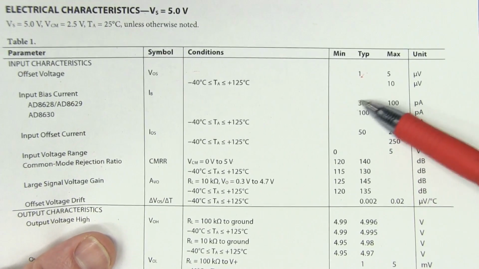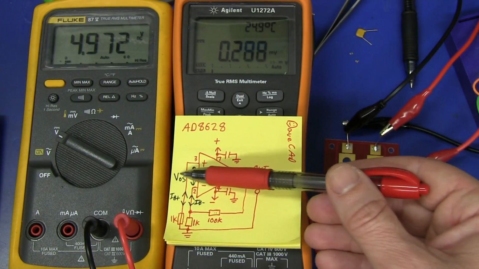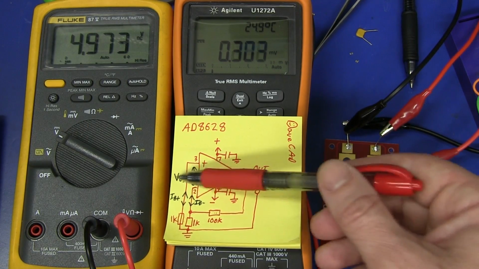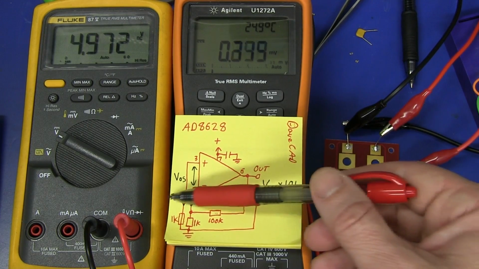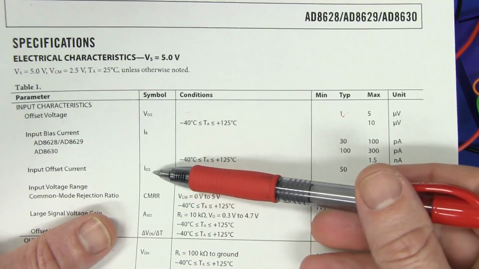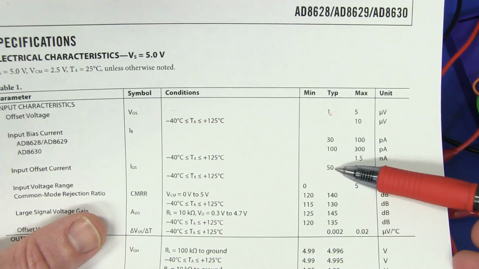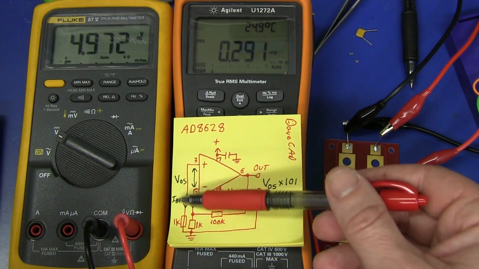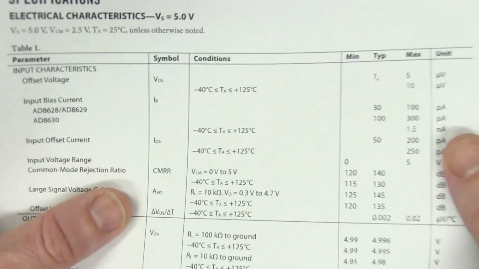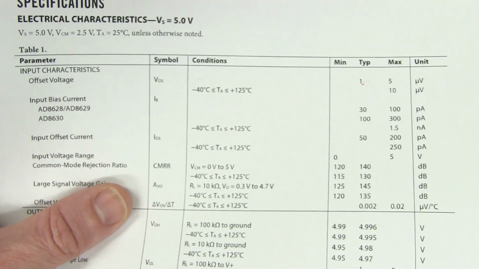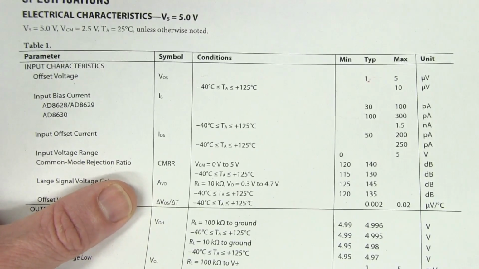So even if both inputs are matched precisely, so even if we had VOS equal to 0, which it's not, but let's assume it was, and both these input bias currents were identical, and we put our 1k bias resistor in here, this IOS is still going to screw us up because we have an uncertainty there between the two inputs, IB plus and IB minus, of 50 picoamps. So you just don't know what this chip is going to do until you actually build it up and test it.